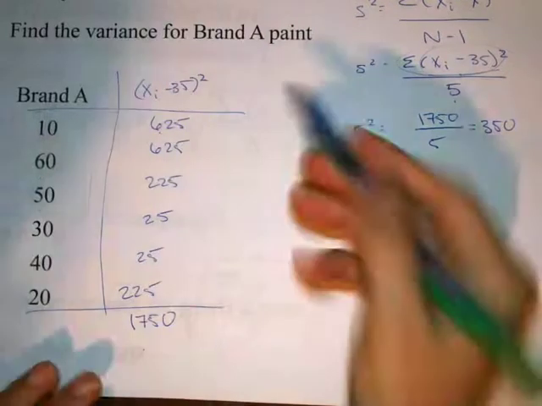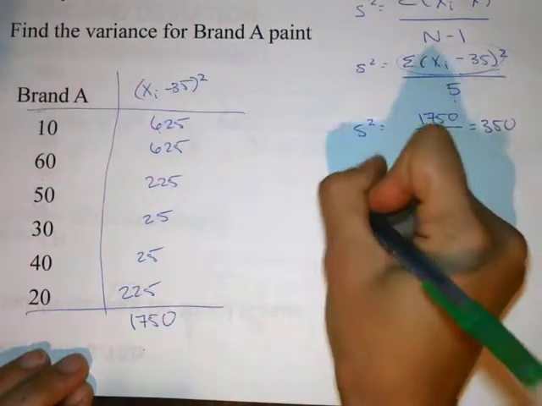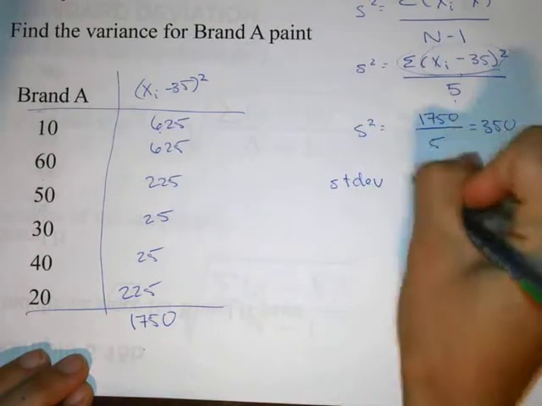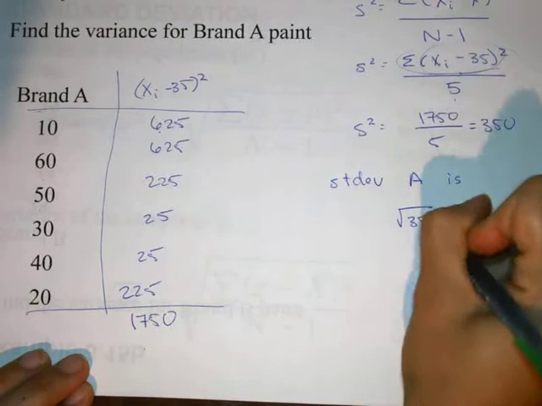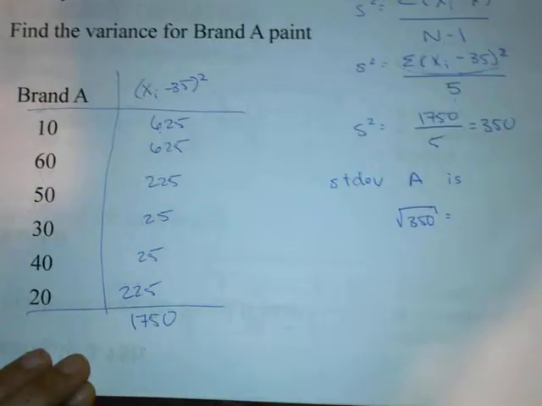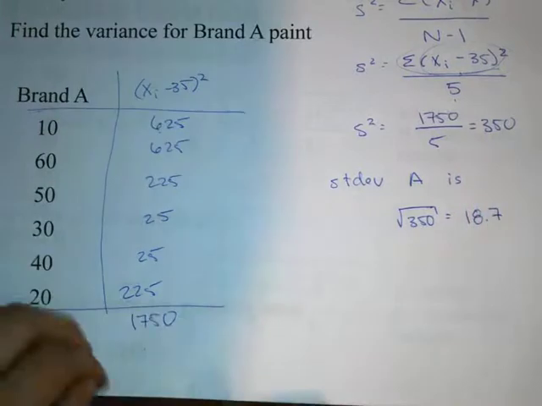So returning to our formulation here, I have that S squared is 350. So the standard deviation for brand A is the square root of 350, which is 18.7.